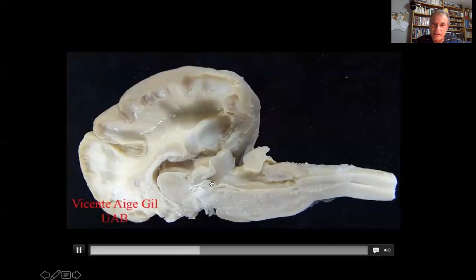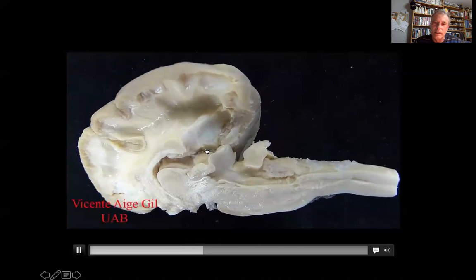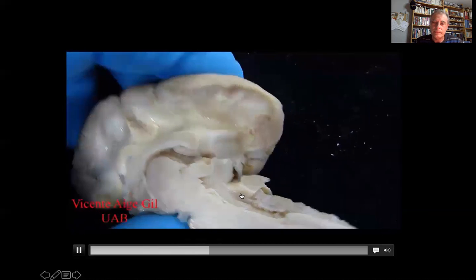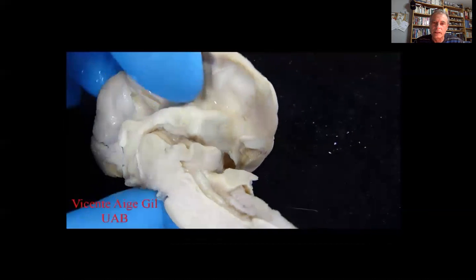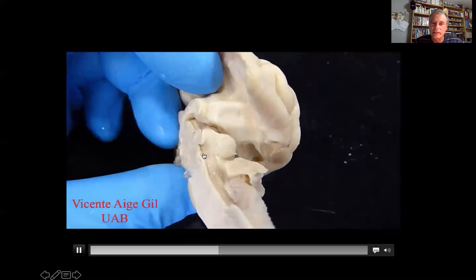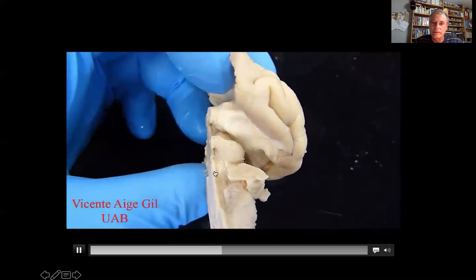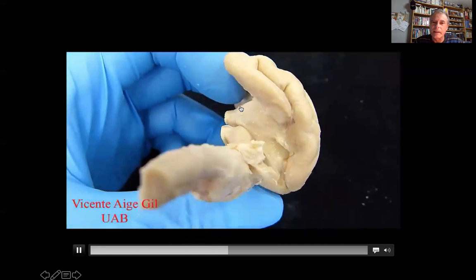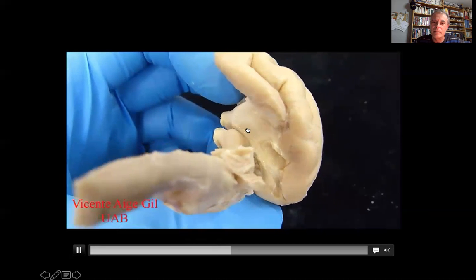This is the mesencephalic aqueduct and mesencephalon. From a caudal view, the mesencephalic aqueduct here, the fourth ventricle, and the parahippocampal gyrus has been removed.